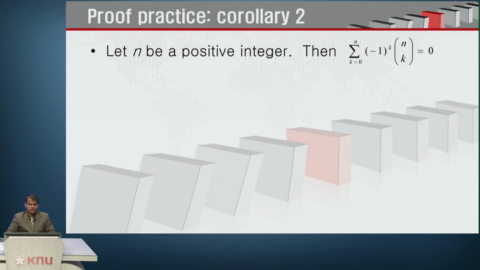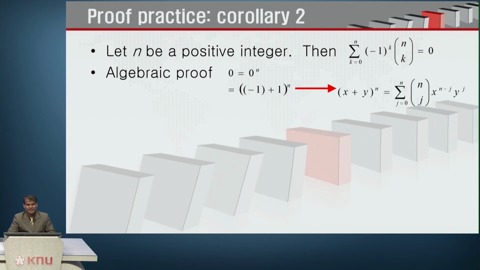So let n be a positive integer, and with that we have the summation k equals 0 to n of (minus 1) power k times n choose k equals 0. So with this algebraic proof, we can say that 0 equals 0 power n, so (minus 1 plus 1) power n, again the x and y formula that we have used before.